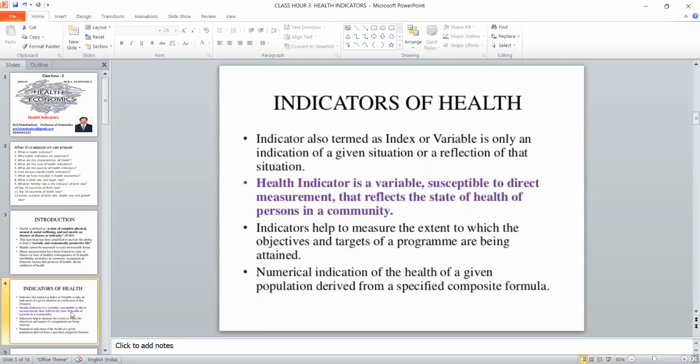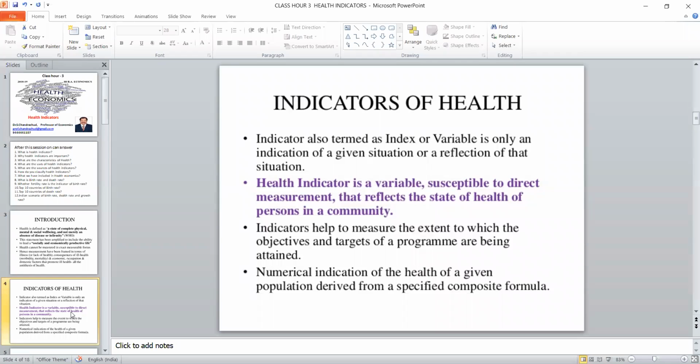But when we talk about the indicators of health, we should concentrate on one particular value. It is a qualitative factor we are quantifying. So for that we need some index or some variable should be used, and it should be expressed in percentage or some proportion.